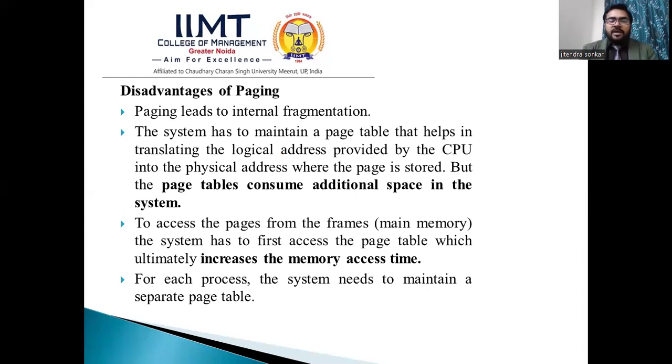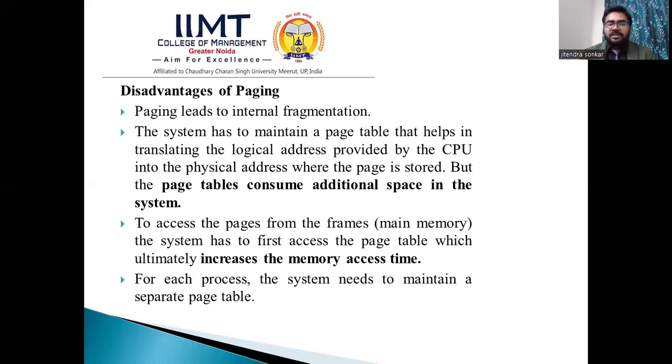Along with the advantages we discussed, some disadvantages also take place in paging. Paging leads to internal fragmentation. The system has to maintain a page table that helps in translating the logical address provided by the CPU into the physical address where the page is stored.